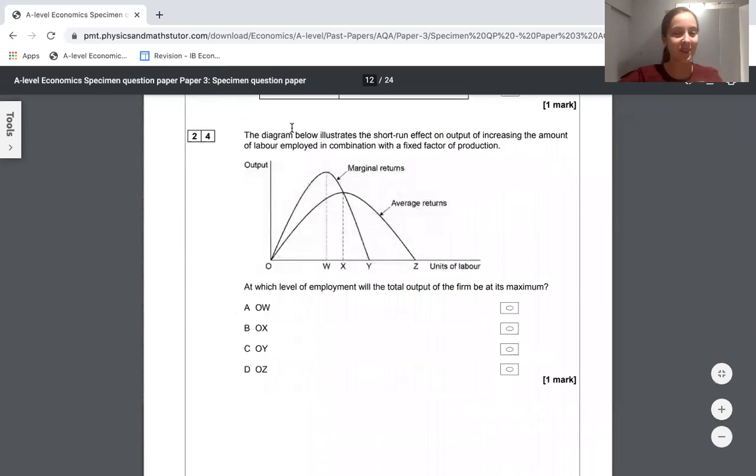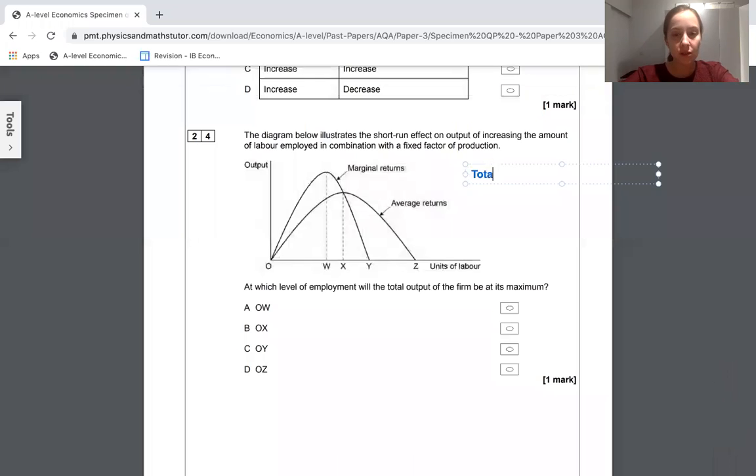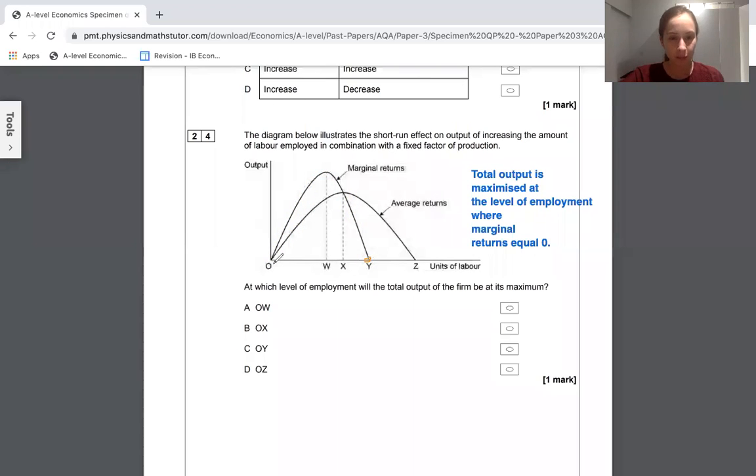Oh, maximizing total output. Okay, they haven't drawn total output. This is just something that you can learn. Total output is maximized when marginal returns equal 0. Actually, it's at the level of employment where marginal returns equal 0, and that marginal returns curve equals 0 at y.